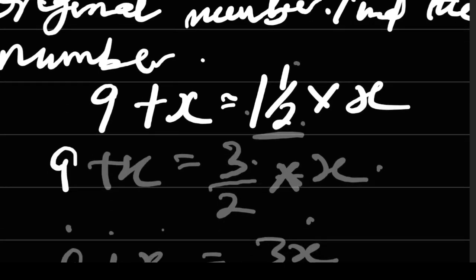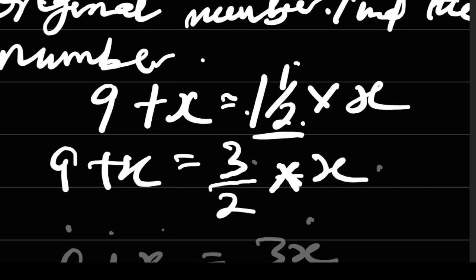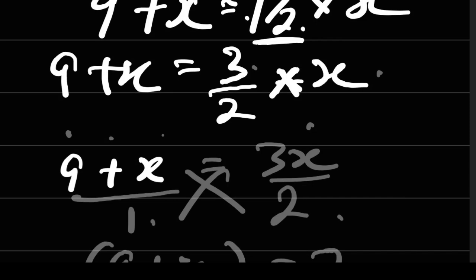This is 9 plus x equals, let's change this mixed fraction to a proper fraction. 2 times 1 is 2, plus 1 is 3. So 3 over 2 times x. That is 9 plus x equals 3 times x, which is 3x, all over 2.